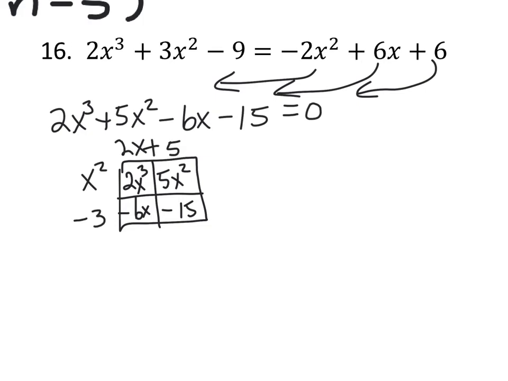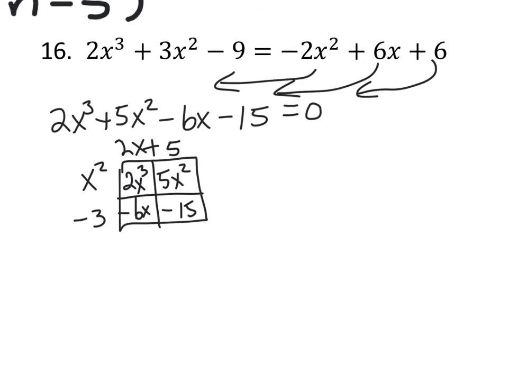All right, so I have factored out the greatest common factor between these two terms here. This would be a 2 and an x. So I factored out 2x. In this column, I factored out a 5. In this row, I factored out an x squared. And in this row, I factored out a 3. So in order for this to be a negative 6x, this 3 needs to be negative.